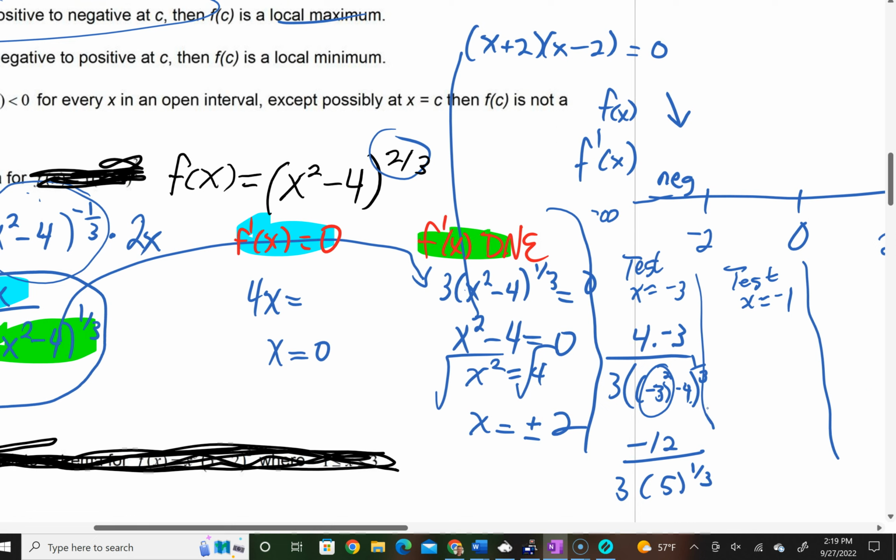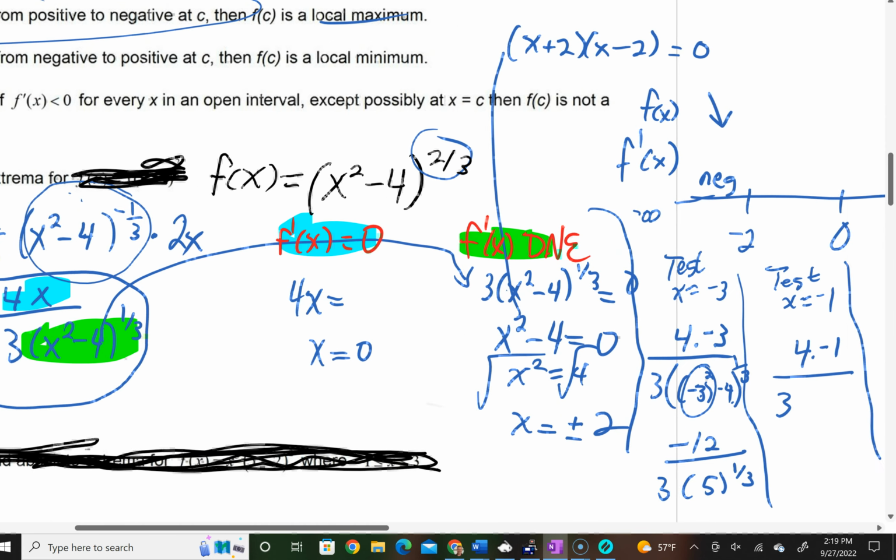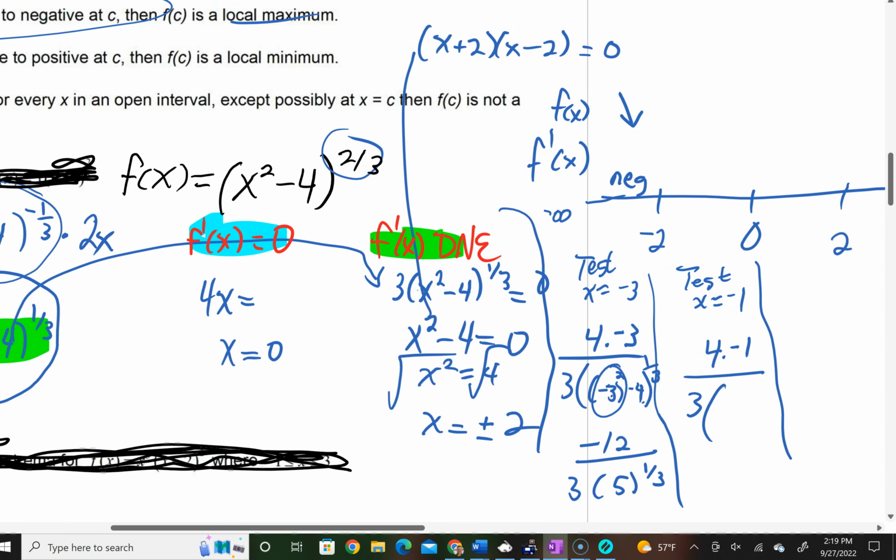I can see already. Careful. Careful. Look, it's 4 times -1. Down below, I've got my 3. But now it's -1 squared minus 4 to the 1/3 power. So yeah, I've got -4 up on top, but this -1 squared is a positive 1. 1 minus 4 is -3.